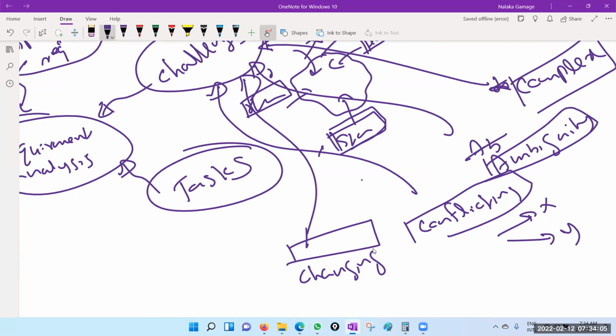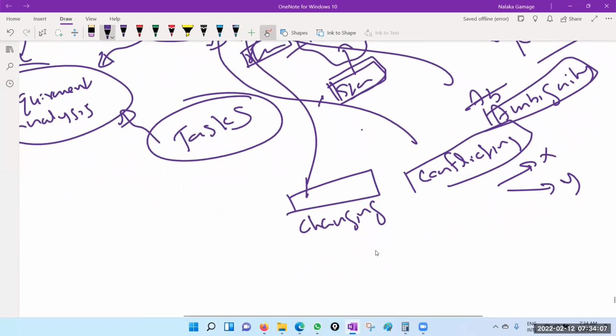The private sector, the business world, they are in a constant competition. So your expectation today is different from the expectation last week. So you have found a better way of doing that. So that is why the requirements are changing. That is why we have to keep changing our software. That is why we have evolution phase.